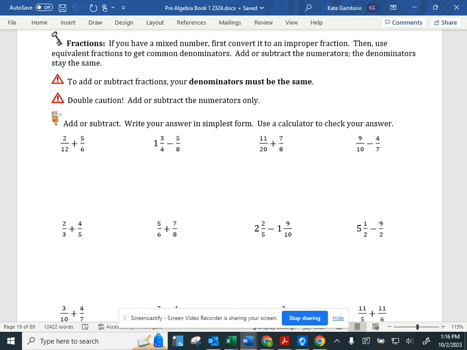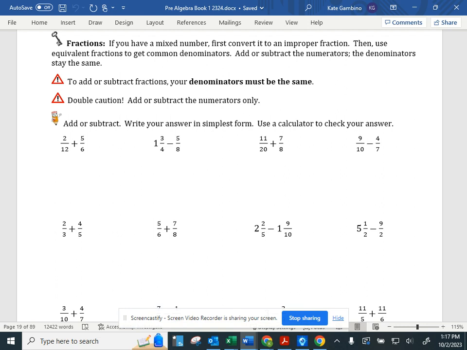Common denominators. Remember, whatever we do to the denominator, whatever we're multiplying by or dividing by, we have to do the same thing to the numerator. So if you have to multiply that denominator by 2, you have to multiply the numerator by 2. Then we can add or subtract the numerators. The denominator stays the same.